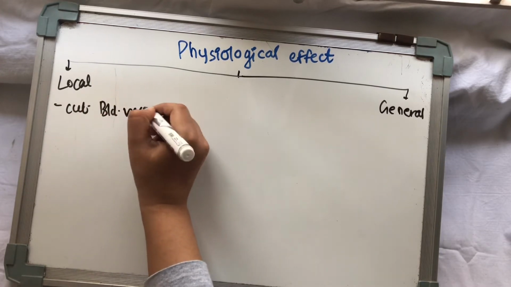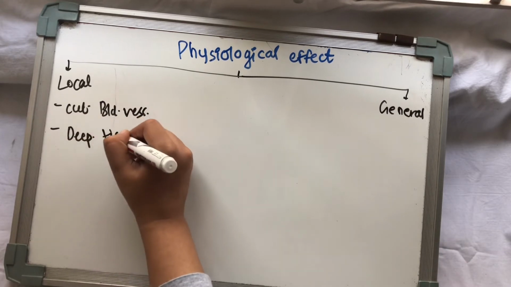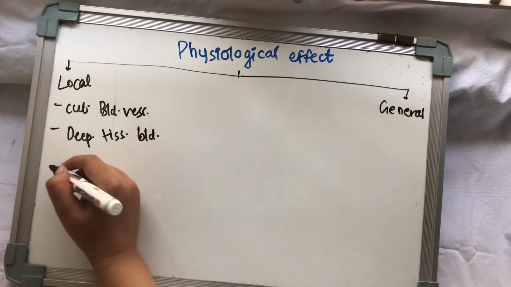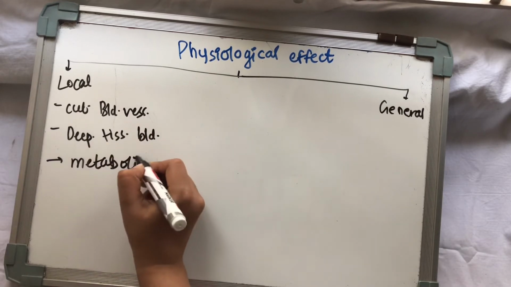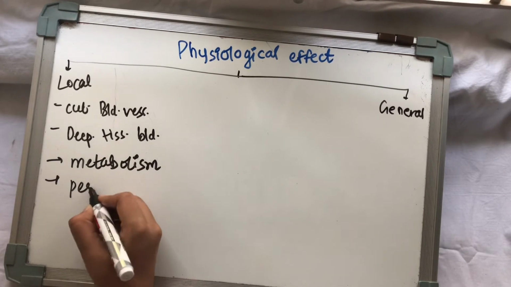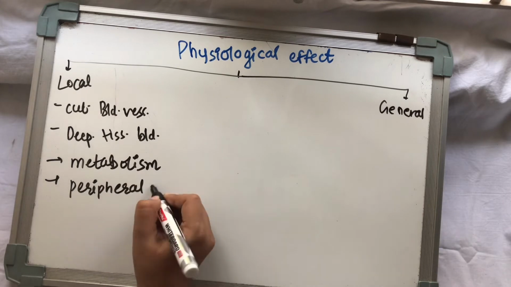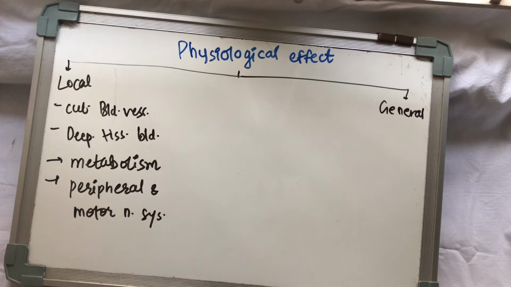Local effects are on cutaneous blood vessels, on deeper tissue blood flow, on tissue metabolism, and also on the peripheral and motor nervous system. Now let's start with the first local effect, that is, cutaneous blood vessels.